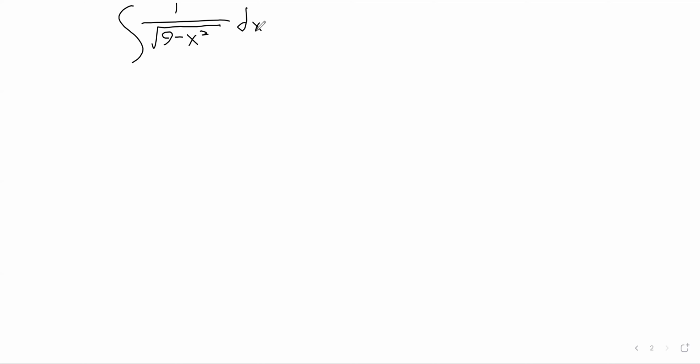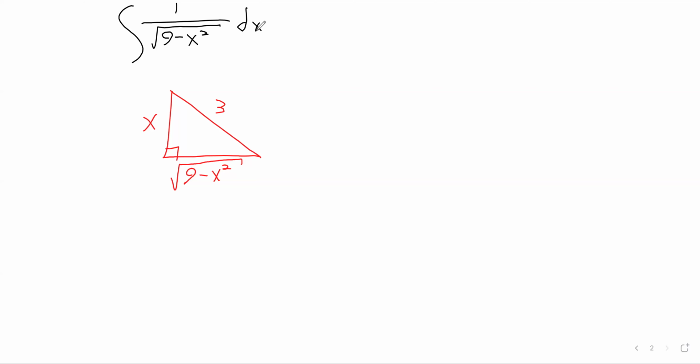So I keep talking about right triangles. Specifically, this square root, the square root of 9 minus x squared, will show up as the leg of a right triangle that looks like that.